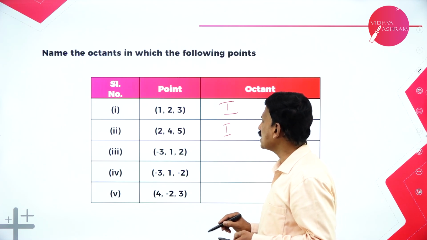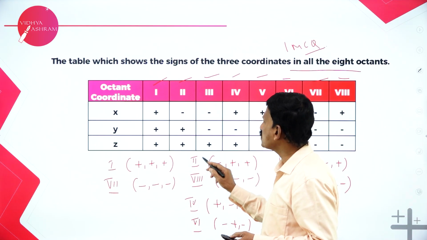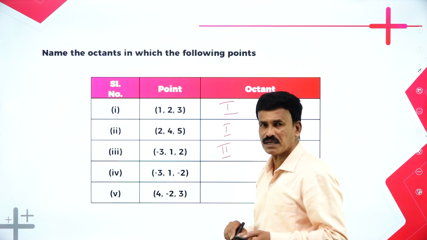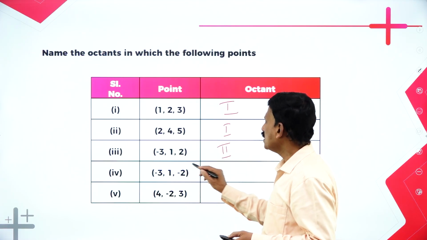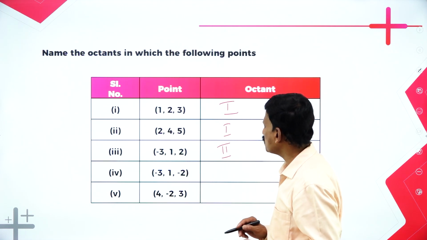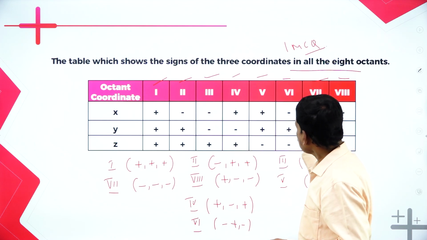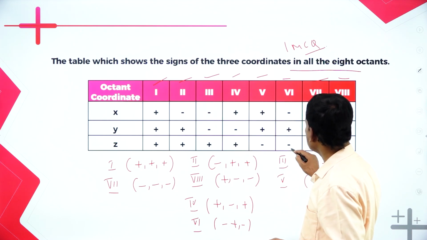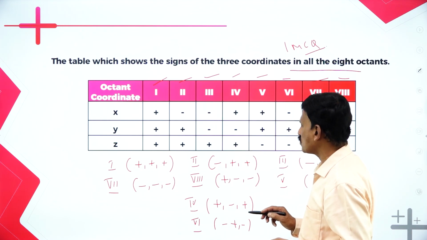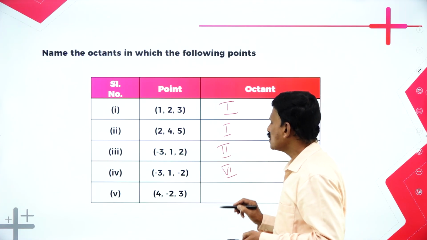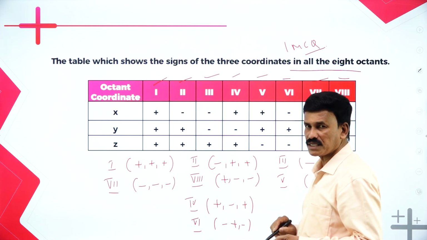Whereas minus 3 comma 1 comma 2: x is negative, y is positive, z is positive, that means this is in the second octant. Again x is negative, y is positive, z is negative, that is in the sixth octant. So minus, plus and minus.